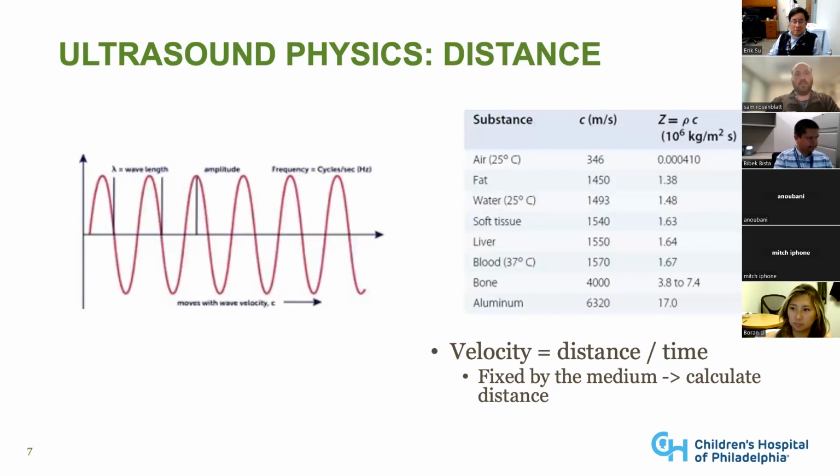The velocity with which the sound waves travel is fixed by the medium. So using that, the machine can calculate the distance. Just some examples in this table here: air, fat, water, soft tissue, liver, blood, they all have their own properties that will determine the velocity with which the sound wave will travel.